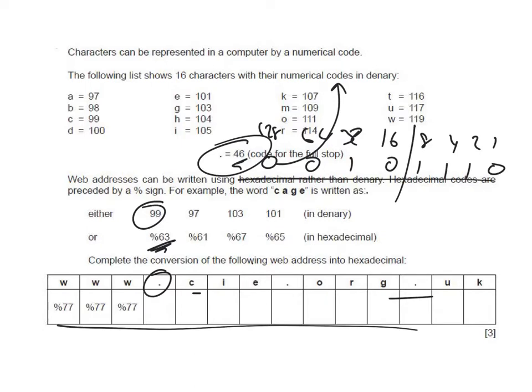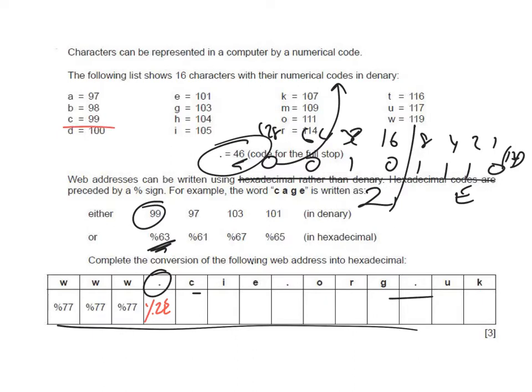So that's obviously 2 for that nibble, and then that will be 14 for this side, which we hopefully know is E. So our answer down here, which I'll just change the pen colour so we can see, would be %2E.